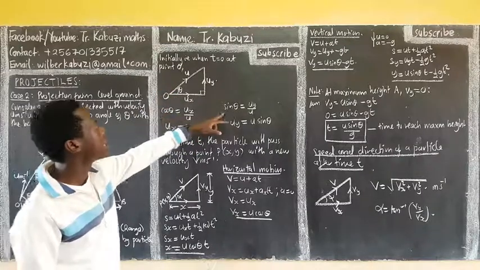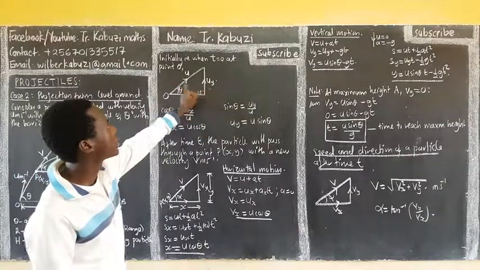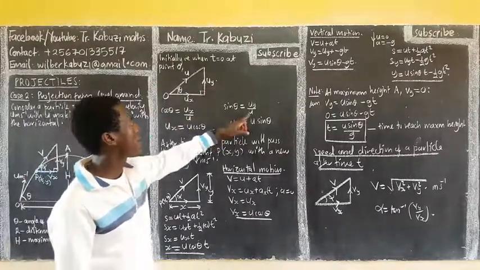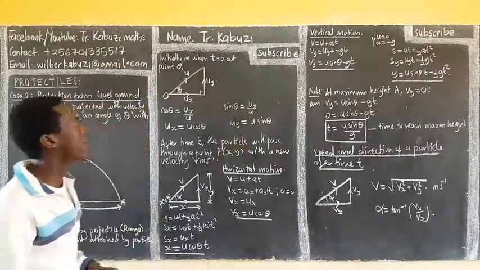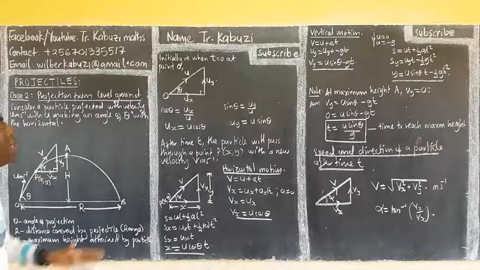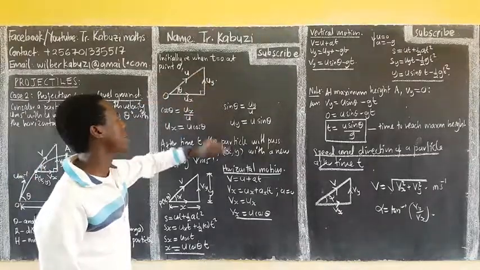Then sin theta is opposite over hypotenuse; when I cross multiply, I have uy. So that's the y component, the vertical velocity component.